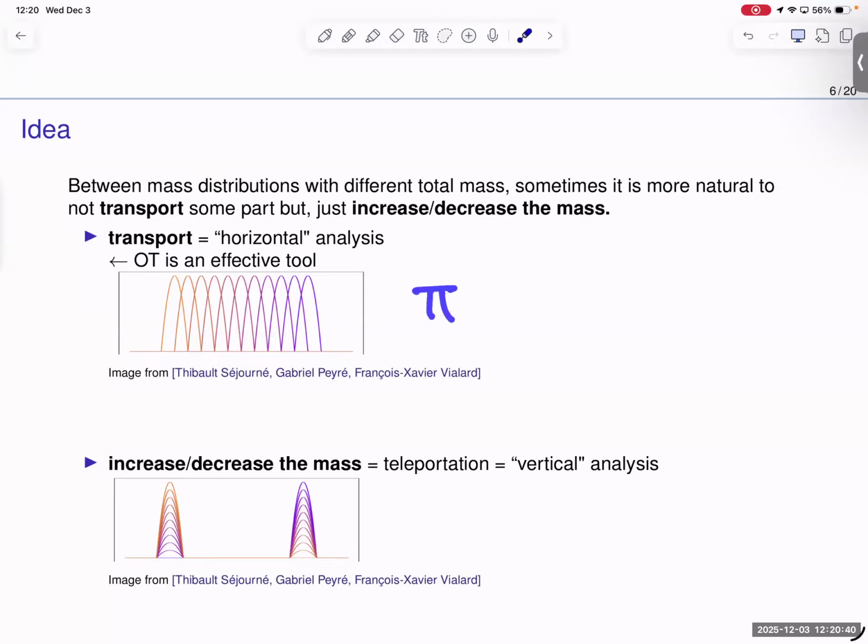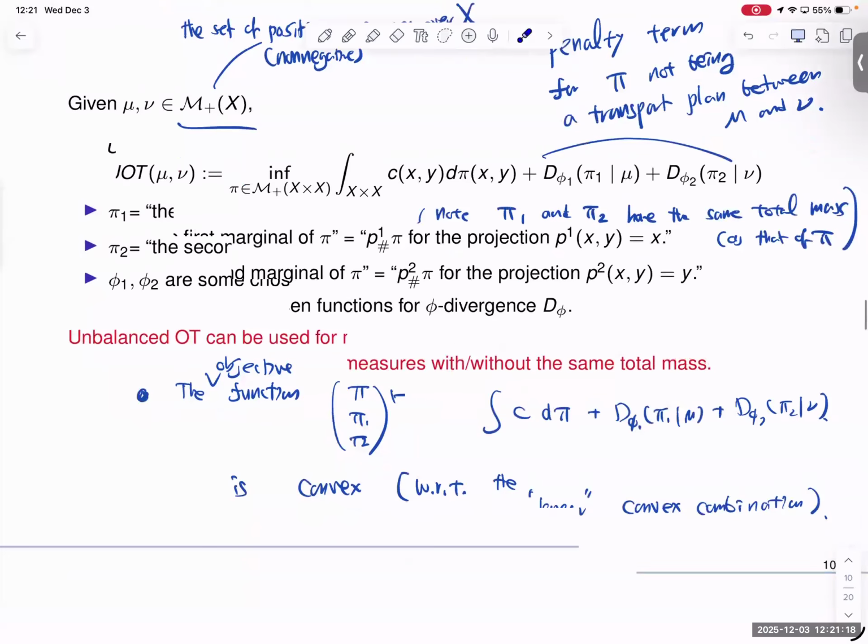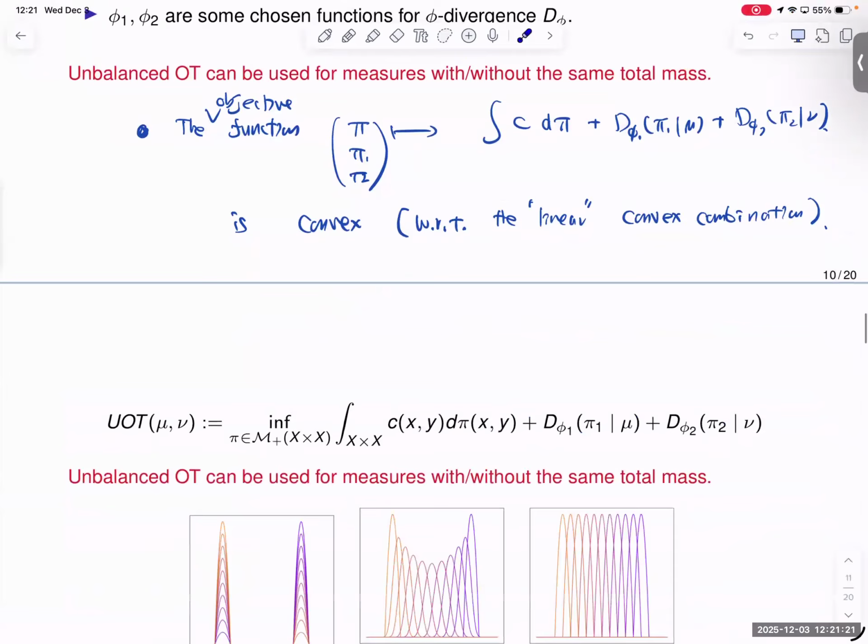What I'm saying is the support of pi can be everywhere here, possibly. We do not have in general pi transporting only these locations and not these locations. I don't think it's necessarily true. So pi may transport everything here only partially, and how much of it depends on all the other things, the divergence and the relation between the divergence and C, and so on.